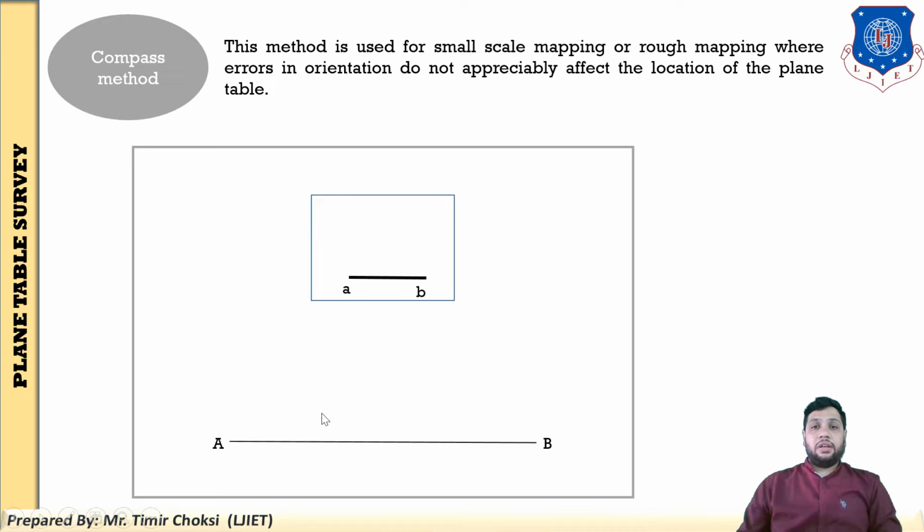In the intersection you plot the small points on the sheet, but here they are already given. You already know capital A and capital B are the ground points, and the small letters a and b are the points on the drawing sheet.